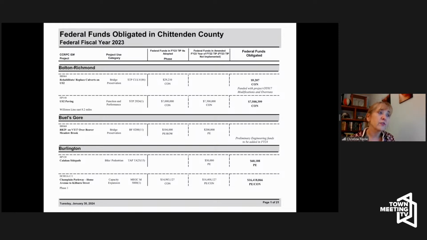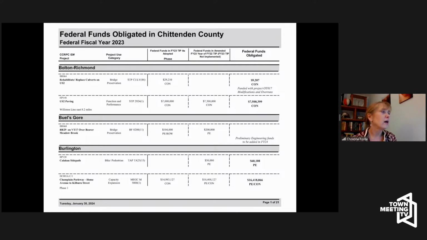So you'll notice if you look at this that the numbers don't exactly match what was in the TIP. The TIP is a planning document, so they're generally not going to match exactly. In some cases where the numbers are really different, there's a note to try to explain why.